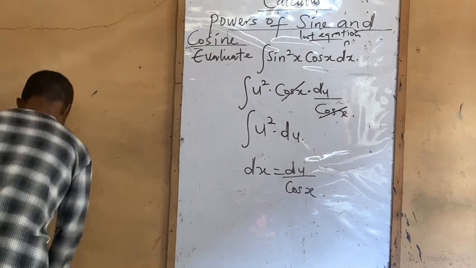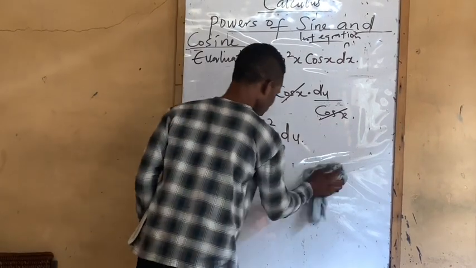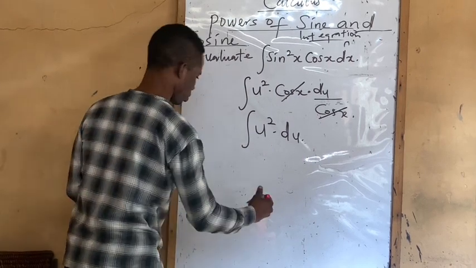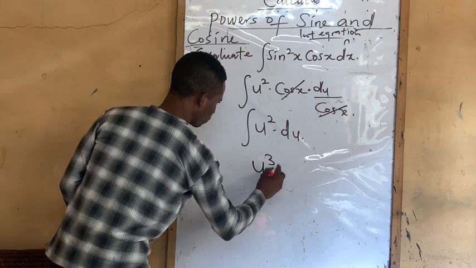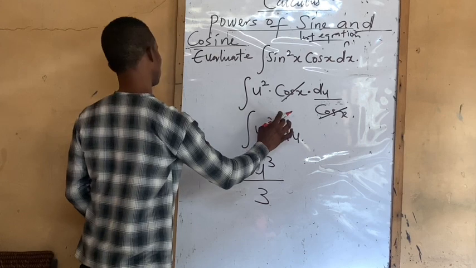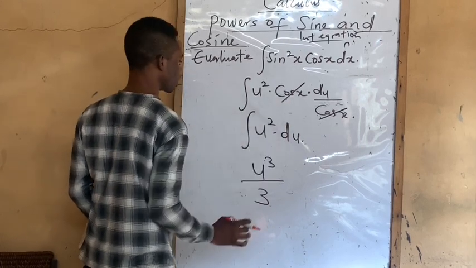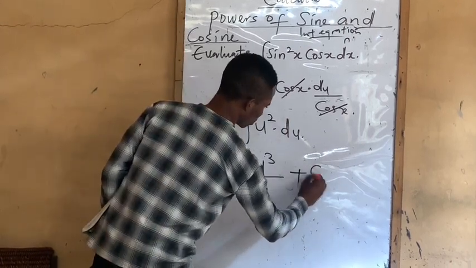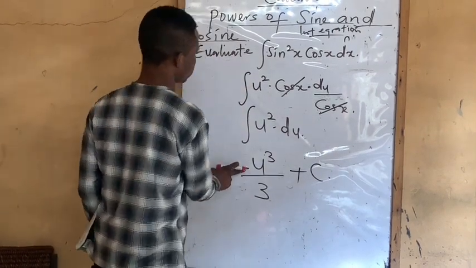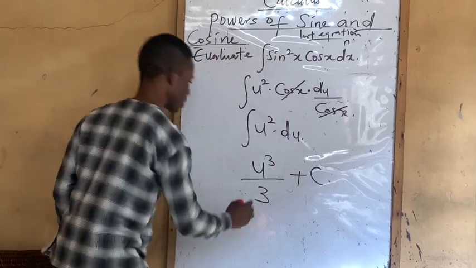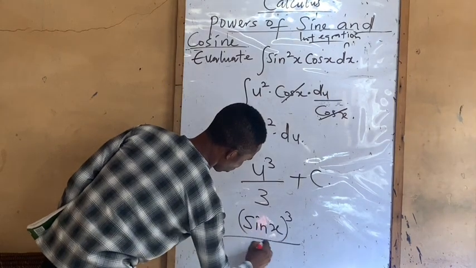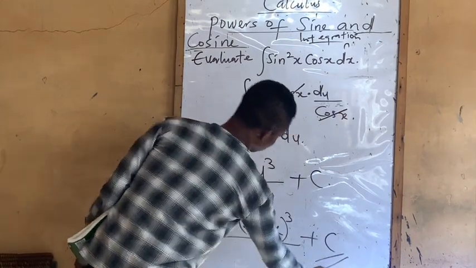Now if I integrate u squared, I'm going to have u raised to power 3 all over 3. As you know, we add 1 to this, that's 2 plus 1, that's 3, and you bring it down to the denominator. So plus c. So we now substitute for our u back. Don't forget that u is sine x, that means sine x cube all over 3 plus c.